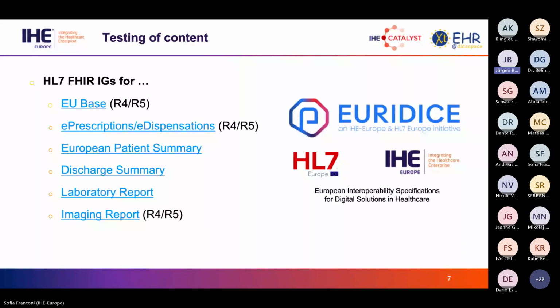And then we have e-prescription, e-dispense, European patient summary, which is based on the international patient summary, discharge summary, laboratory report, which is aligned to the international laboratory report specification in FHIR, and imaging report. Some of them are even available in FHIR release 4 or 5, so you can choose.